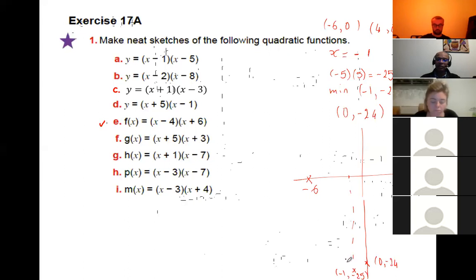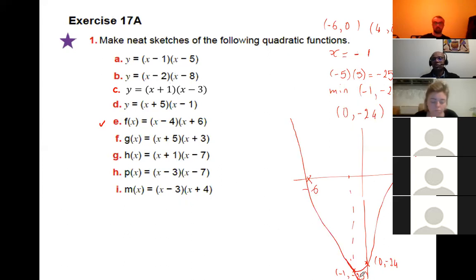So the graph would go like that, back up, right through 4, and then come back down. Oops. So my pen is not working properly, you can tell.